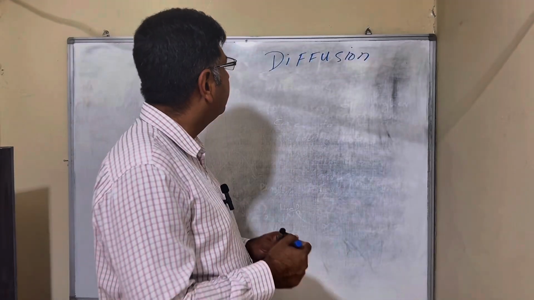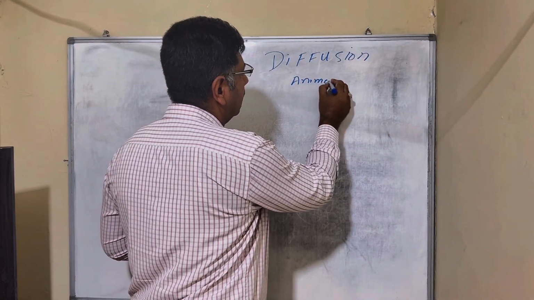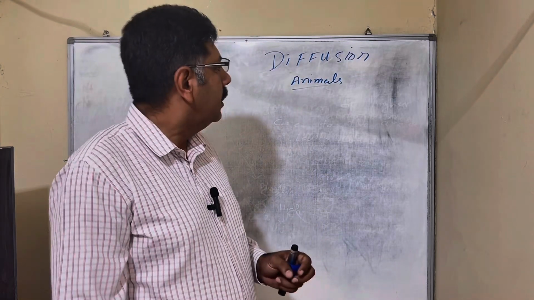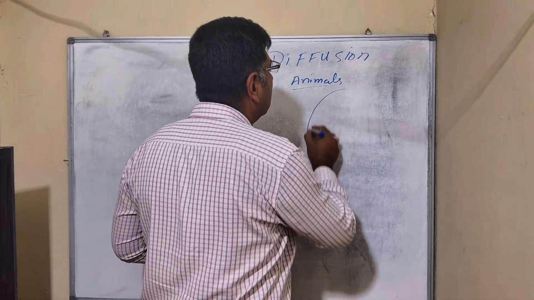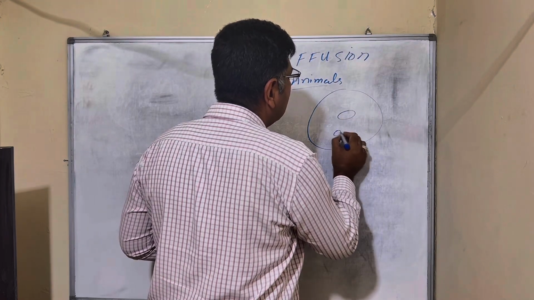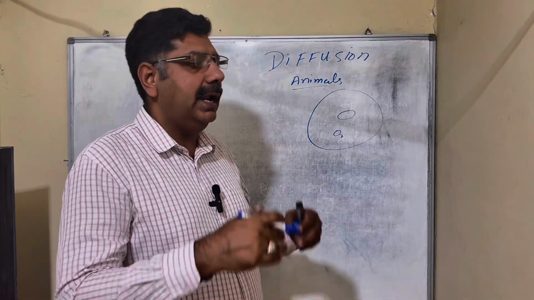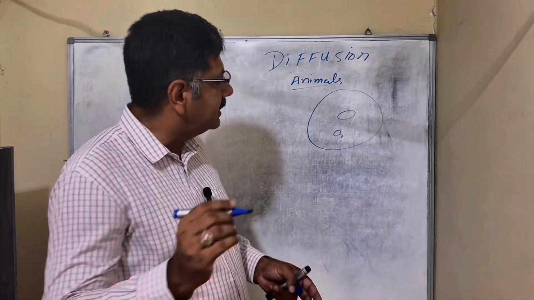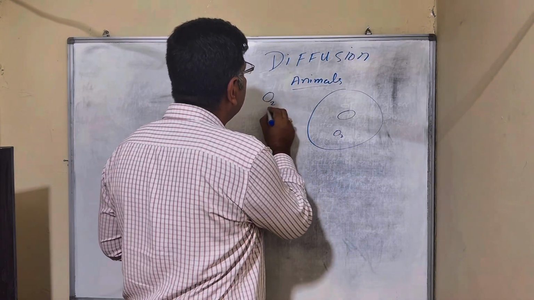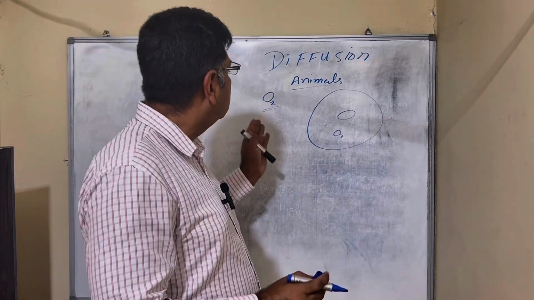So as for the diffusion for animals, or we can particularly say in human being concern, in our body oxygen is in less amount, less quantity or less concentration inside the body, and it is more in environment, sent out by the plants.